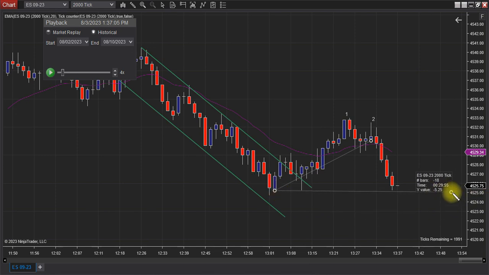We made about 5.25 points. So for anyone who's just going for a standard 4 points, there's nothing wrong with that. But when you have a clear profit target, and anytime you're dealing with channels, the profit target is almost definitely the previous high or the previous low. Once you set valid profit targets like that, then you can milk so much more out of the market.